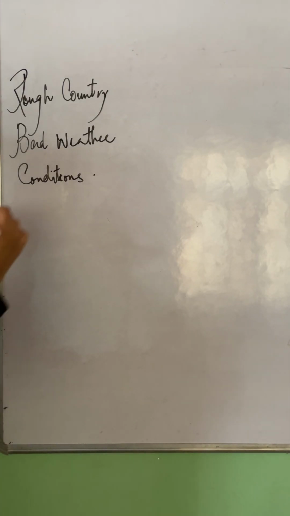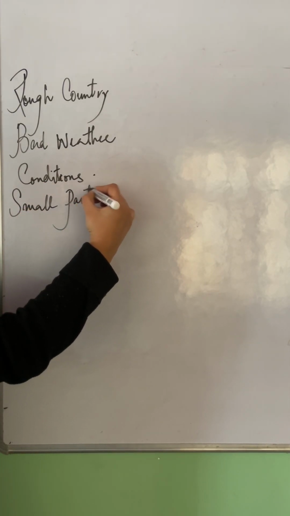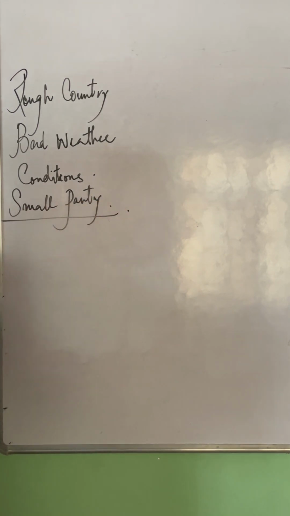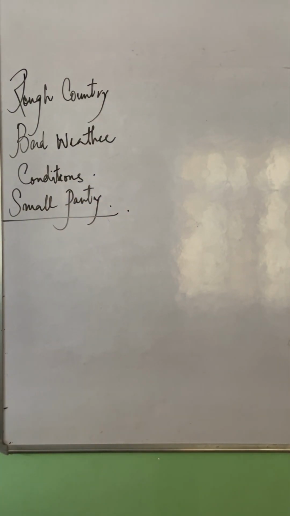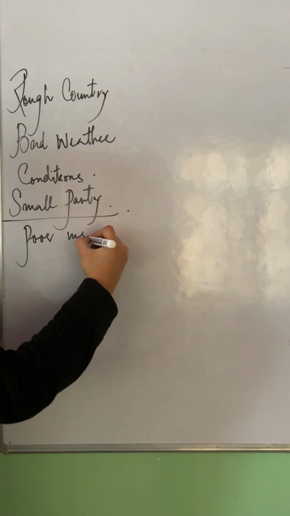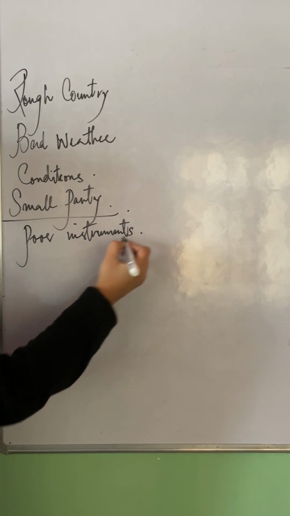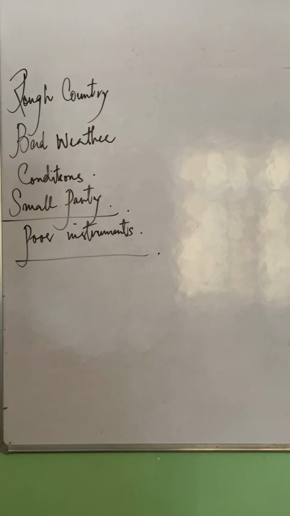And he may not be having large manpower, or his instruments may not be that precise. So everything will limit his accuracy and consequently the permissible error.